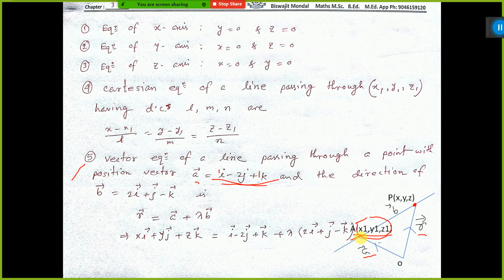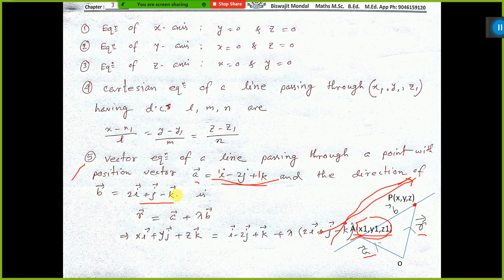So this is the position vector of a point, and this is the point P on the line given by x, y, z, and b is a vector parallel to the line which we are finding. This vector is b.